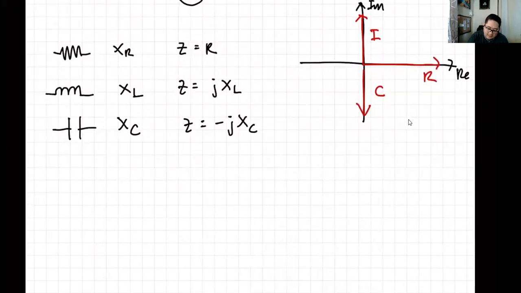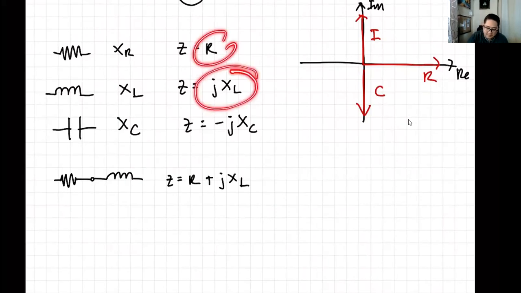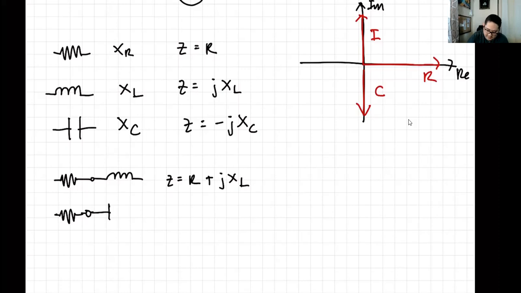Okay? So when we combine yung ating resistor with an inductor, yung formula ng impedance natin will be R plus JXL. Okay? So pinag-combine lang natin to. Then we have pag resistor and then meron tayong capacitor that is equals to R minus JXC.